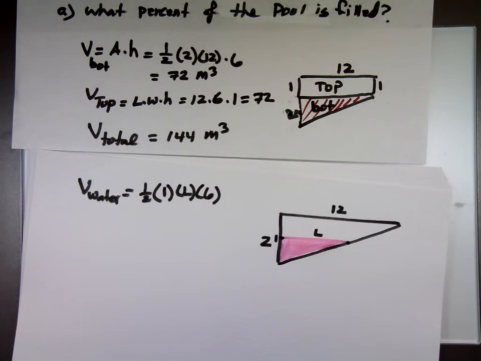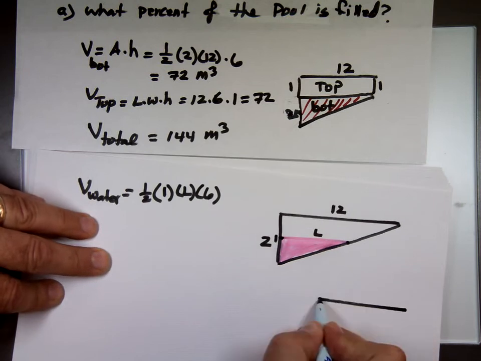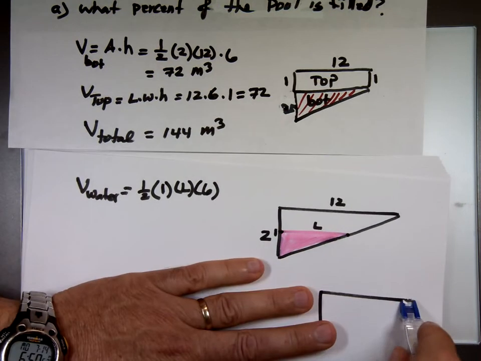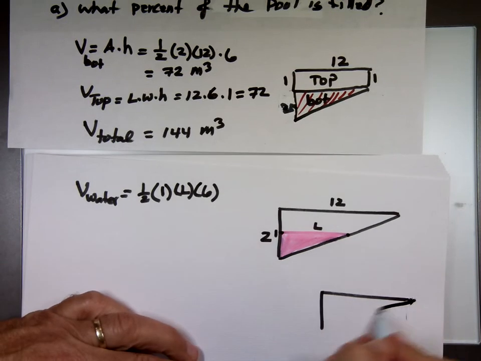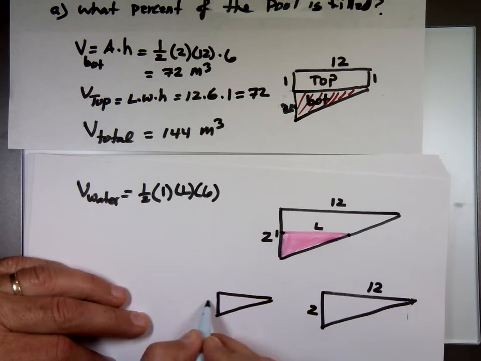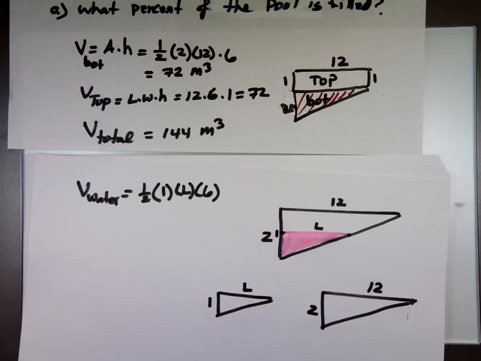Let me draw the two pictures side by side. Oh, maybe you might see it. That's the pool. And right next to it, that's the water. How do we figure out that side? Yes. Similar triangles, proportions.